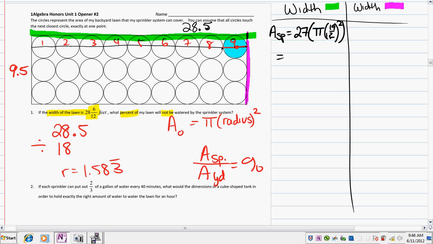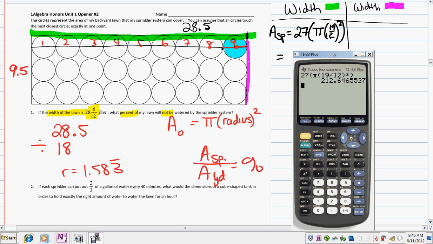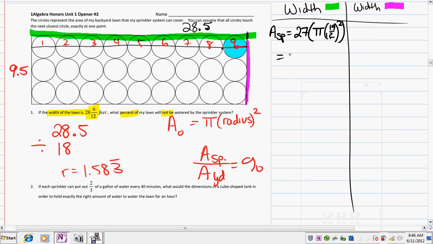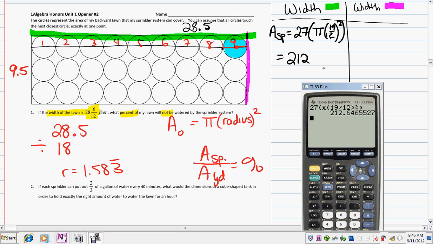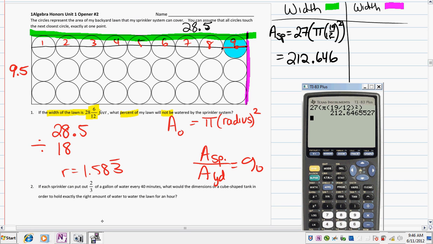I'm used to just reaching for my own. 27 times pi, parentheses, 19/12 squared, close the parentheses. So the area of the sprinklers is 212.646. Again, I can convert this to a fraction.